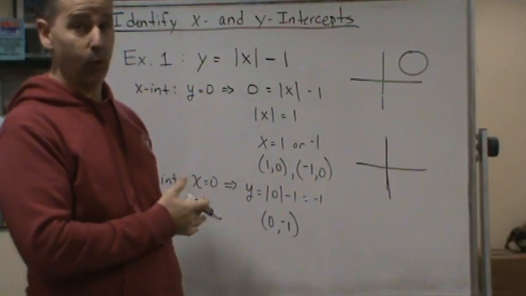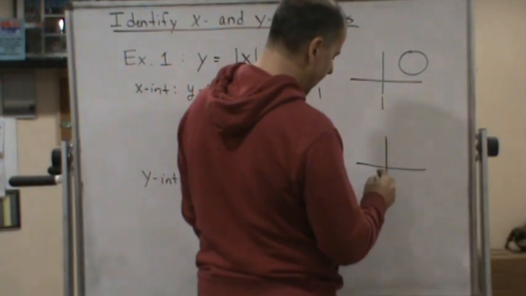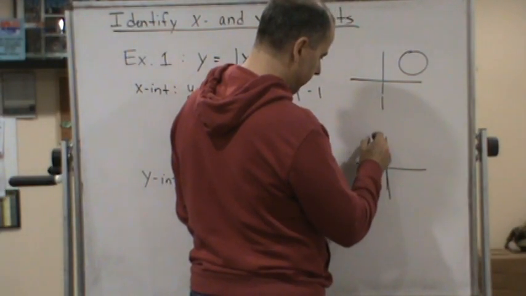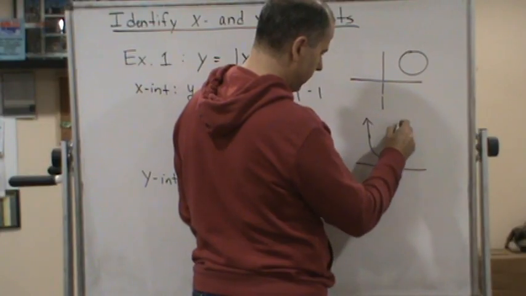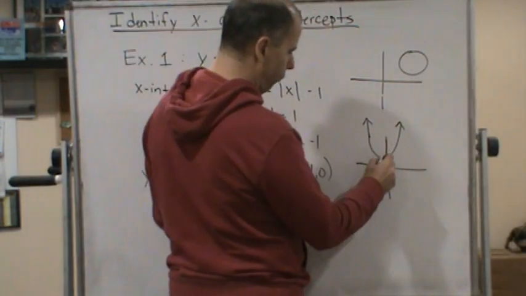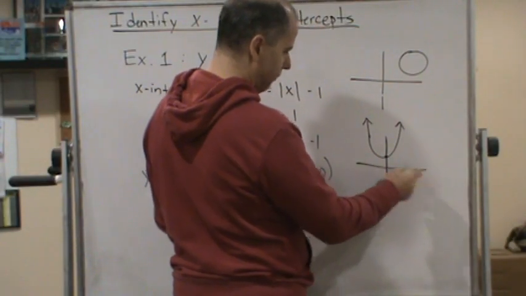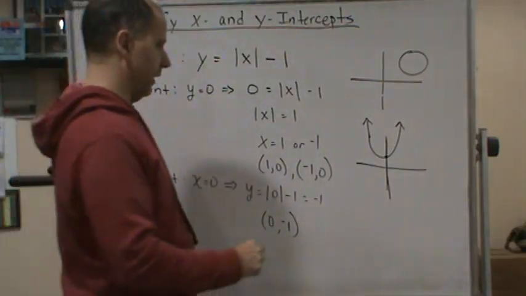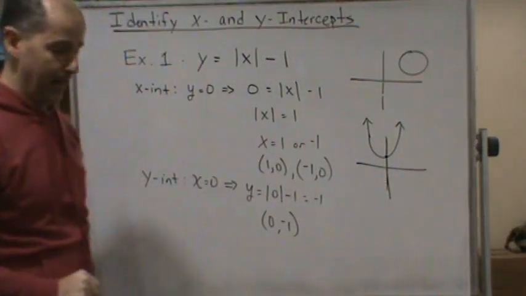So in this case, there would not be any intercepts. If I have a parabola that opens upward, in this case we would have one y-intercept, but no x-intercepts.